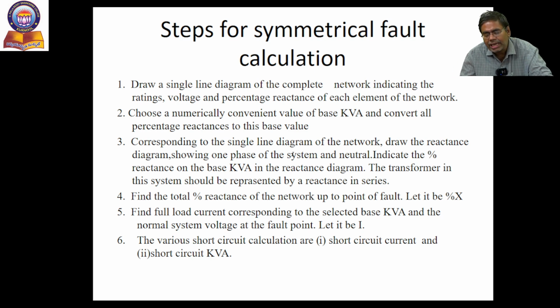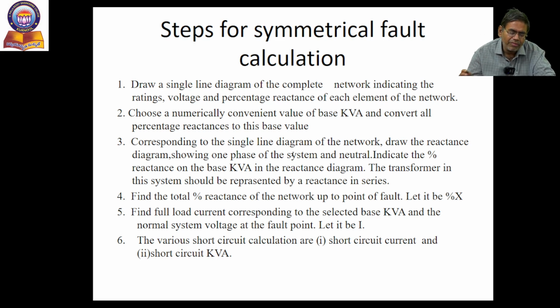Corresponding to the single line diagram of the network, draw the reactance diagram showing one phase of the system and a neutral, indicating the percentage reactance on the base kVA. The transformer is represented as reactances in series.